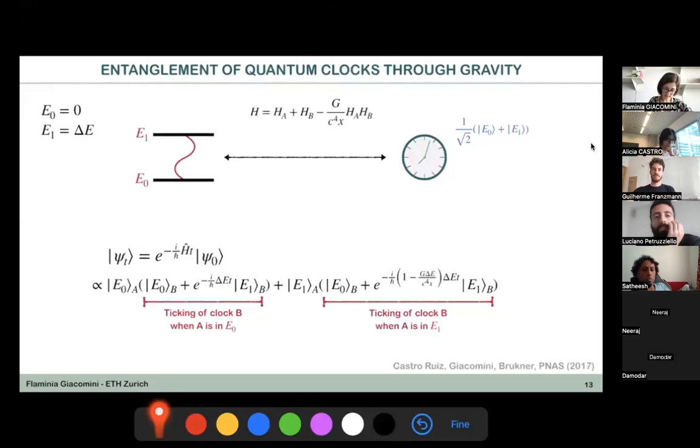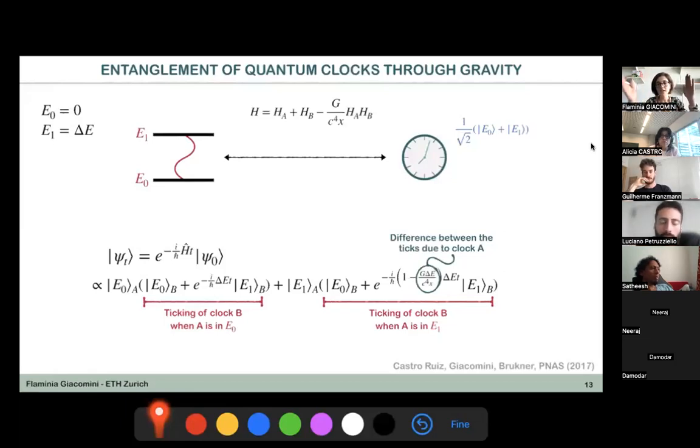And I can quantify the difference between how the clock B ticks with this quantity here, that is the difference between this phase and this phase. Now, notice that I have focused on looking at clock B just because of an arbitrary choice, but this situation is exactly symmetric under exchange of A and B. So I could have done exactly the same reasoning if I had expanded this in clock B and then looked at how clock A ticks. Nothing would have changed.